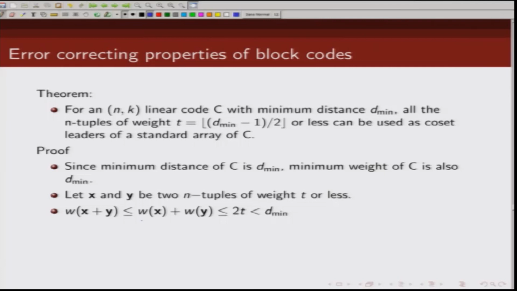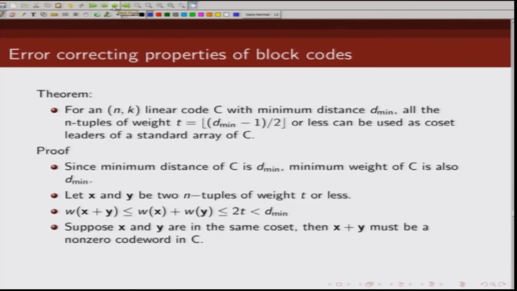We are given that the weight of x and weight of y is at most t. So, weight of x plus weight of y will be less than or equal to 2t, and this is less than the minimum distance, because the minimum distance of a code is at least 2t plus 1.